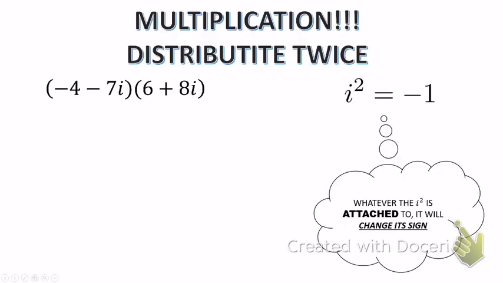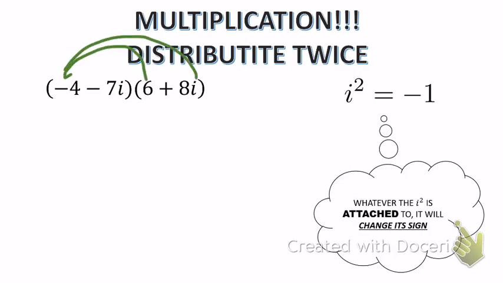Now look at this one. Notice the difference from the two before that, the adding and subtracting. Notice there is no symbol in the middle. Okay? So that means we are multiplying. So that means we're going to distribute twice. So we're going to take the negative 4 and distribute.